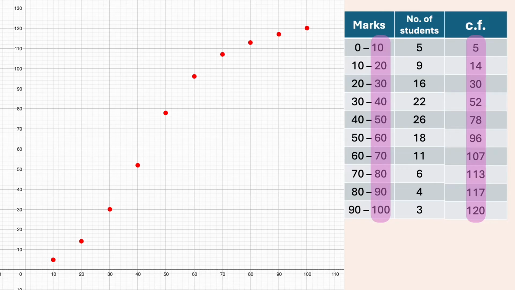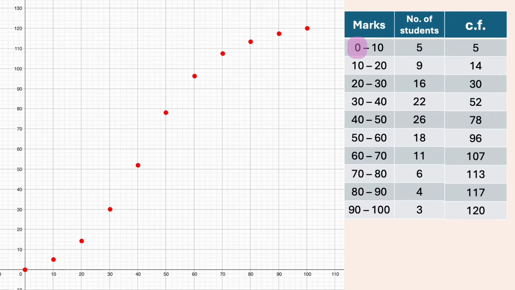After all these points are plotted, we have to take the lower limit of the first class interval, and the cumulative frequency for that will be taken as 0 because there are no students before 0. So taking the point (0, 0) completes the ogive.